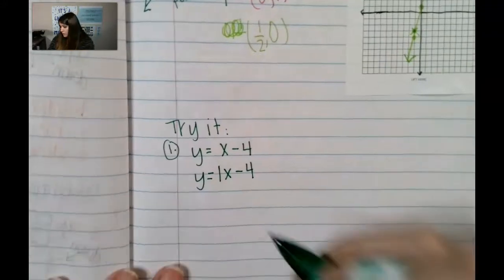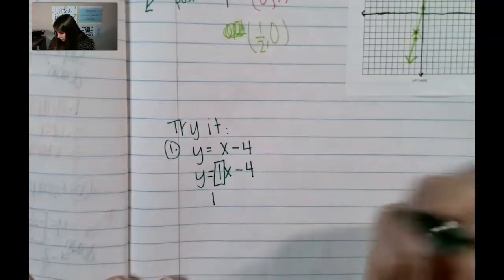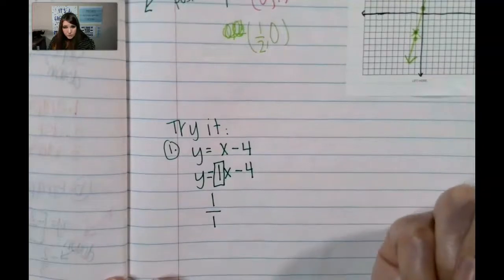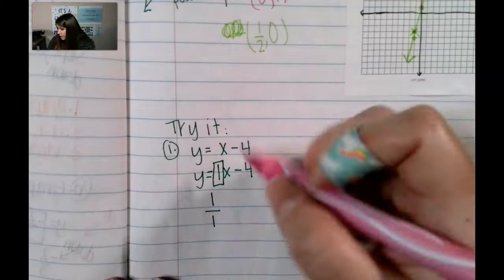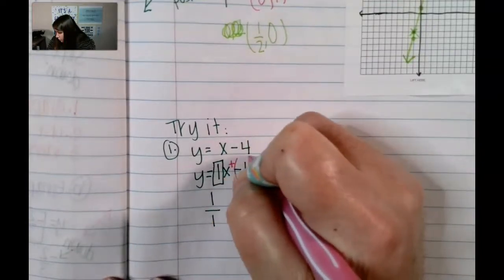All right, so this one, I'm going to identify the slope. Again, it's 1, but there's also a 1 underneath it, so it's a whole 1. My y-intercept is plus this -4.